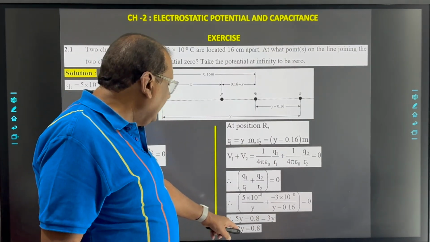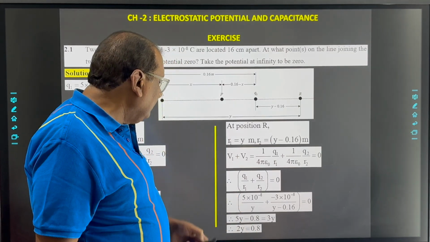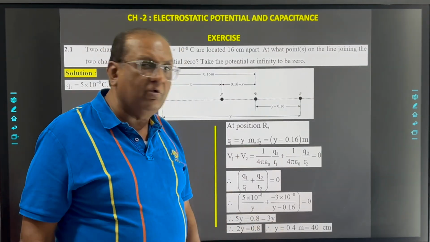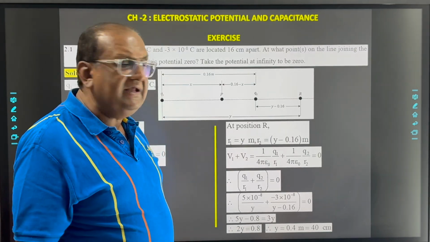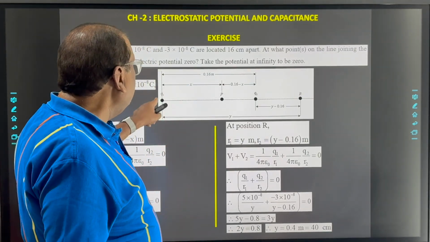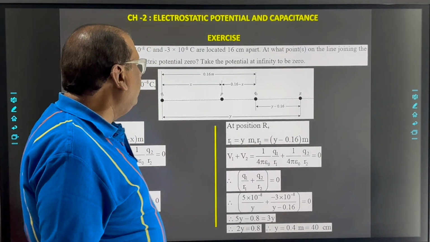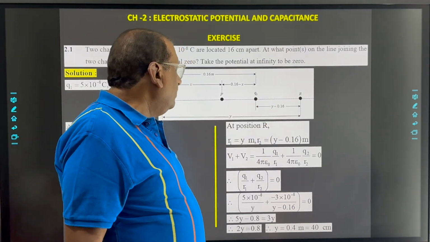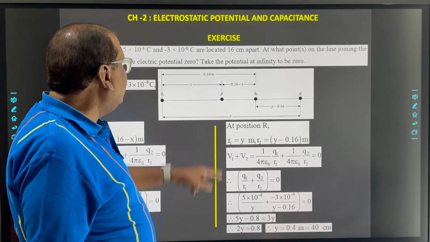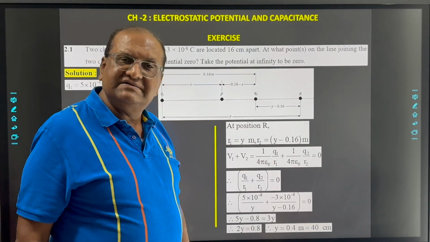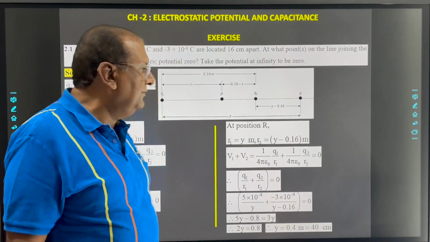So you will get 2y equal to 0.8. So y is equal to 0.4 meter, so that is 40 centimeter. So Q1 to R is 40 centimeter, and therefore Q2 to R is 40 minus 16 centimeter. Clear to all of you?